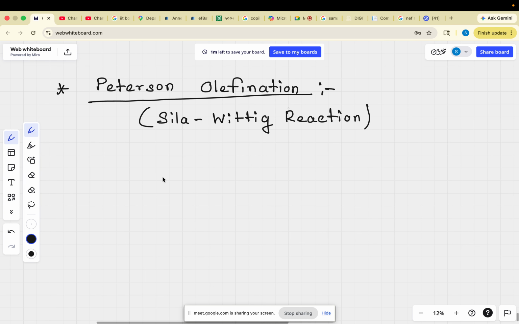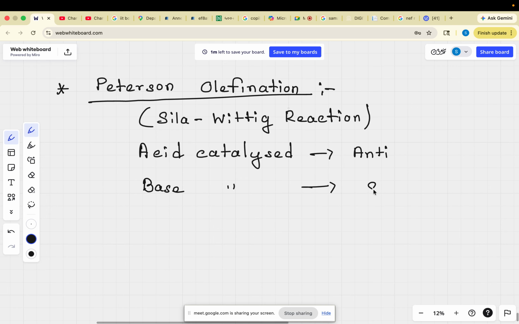So first of all, write down that if you do acid catalyzed, you will get the anti product. If you do base catalyzed, that time you will get the syn product. How to remember?